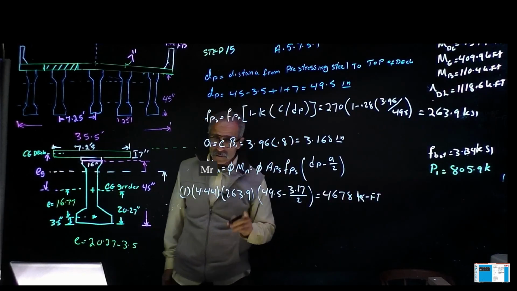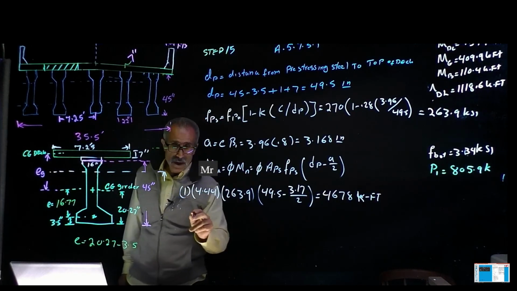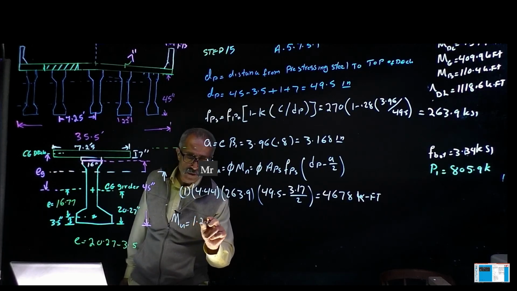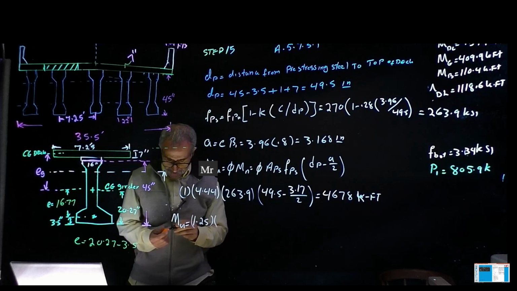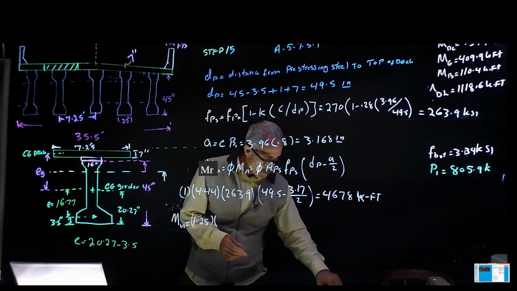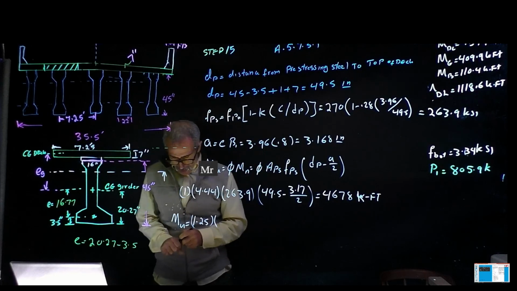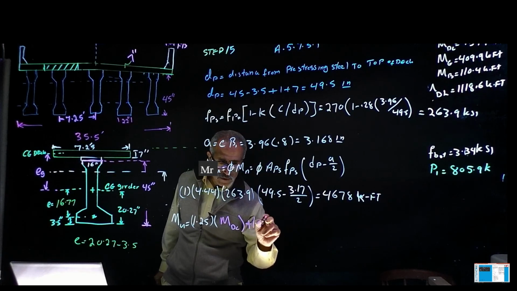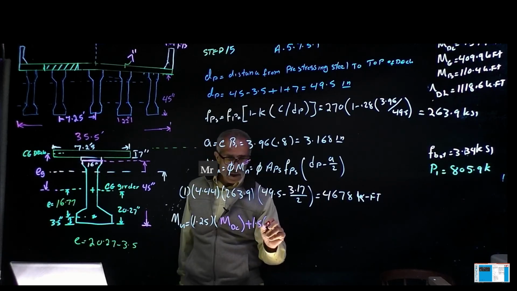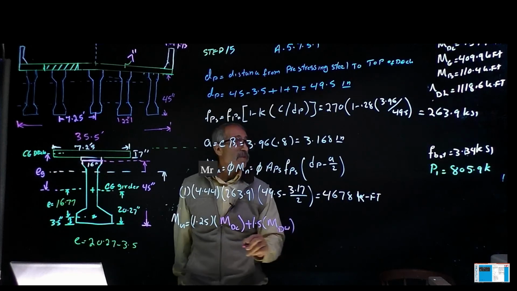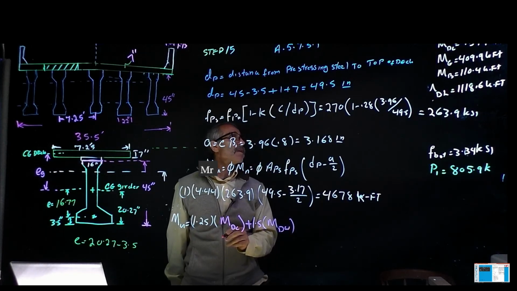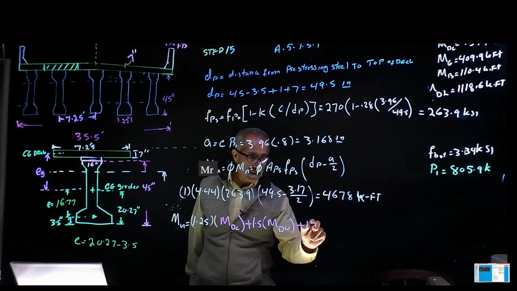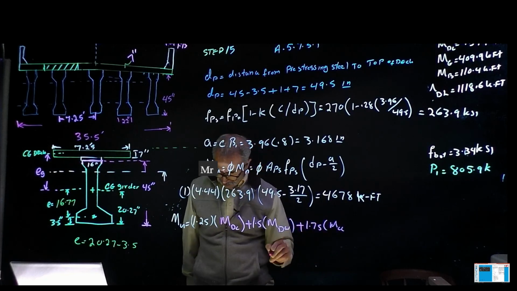Okay. Now let's find out our ultimate M_u. You know that we did this many times: M_u is 1.25 times M_DC plus 1.5 times M_DW. Did I write those down? Oh, yeah. No, I didn't. Okay. M_DW, and plus 1.75 times M_LL plus IM.